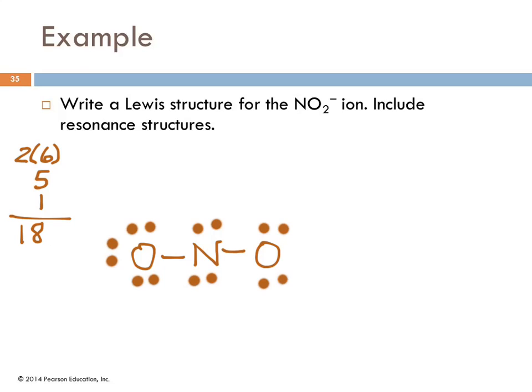Is everybody happy? No. This oxygen isn't happy. This guy's happy. So what we need to do is have him share one of his lone pairs with the oxygen. So I'm going to take this lone pair off and have that nitrogen share with the oxygen. Now everybody's got an octet. Everybody's happy. And then we need to put brackets around this because it's an ion and put a charge on the outside.